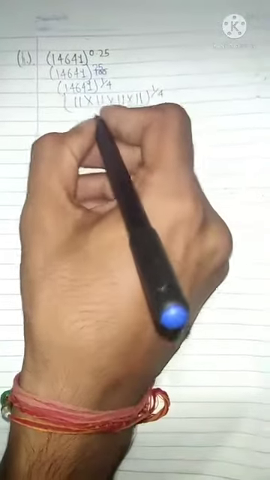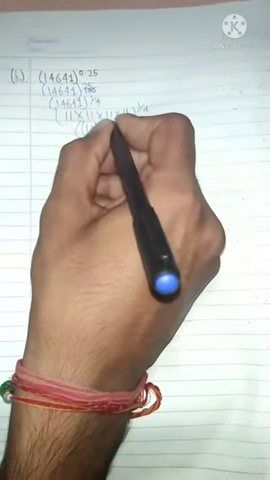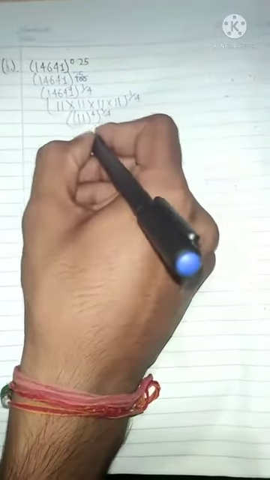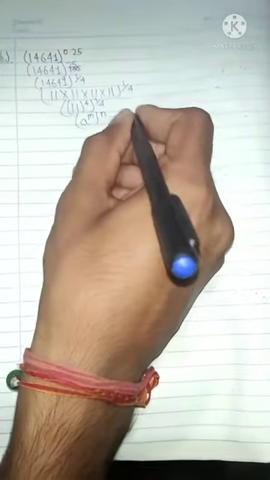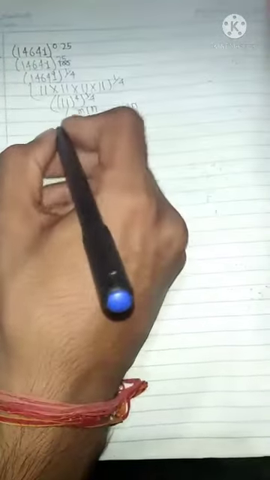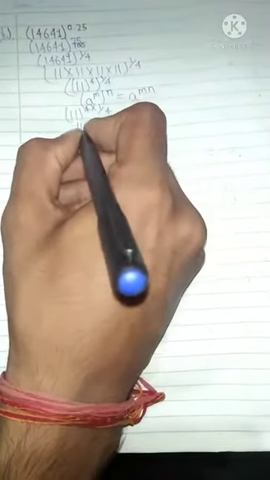We can write (11^4)^(1/4), and using the identity (a^m)^n equal to a^(m×n), using 11^(4 × 1/4), it comes only 11.